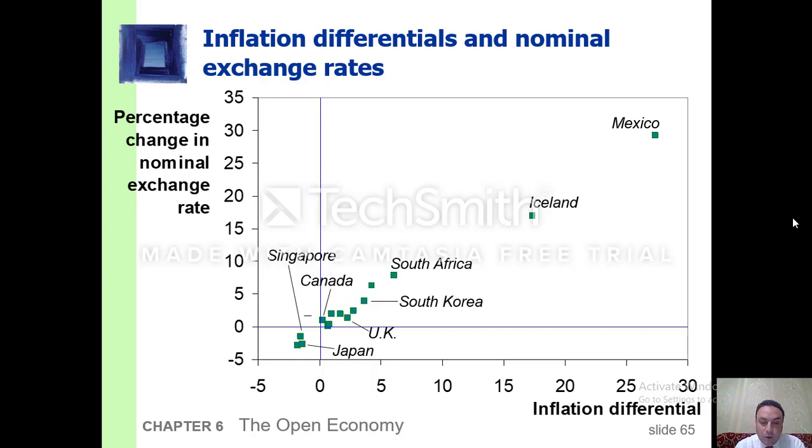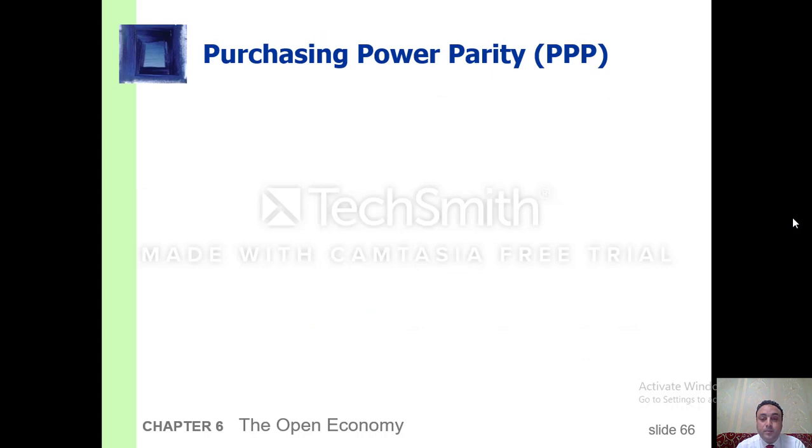They have a lower inflation rate than the US. So we see that the US exchange rate depreciates relative to the exchange rate of this country's currency. So this is about the real exchange rate and the nominal exchange rate.